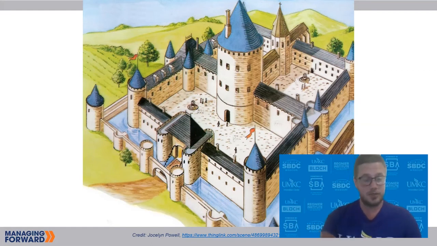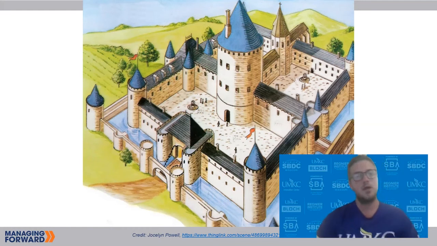Then, if they do that, they've still got another wall to get through. If they get inside that, they're in the inner courtyard, but they're still not in the keep, the heart of the castle, and there are more defenses there. There are also all of these little parapets and openings where soldiers were shooting arrows while the attackers were trying to get in.